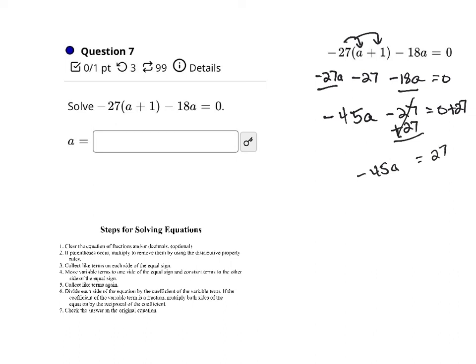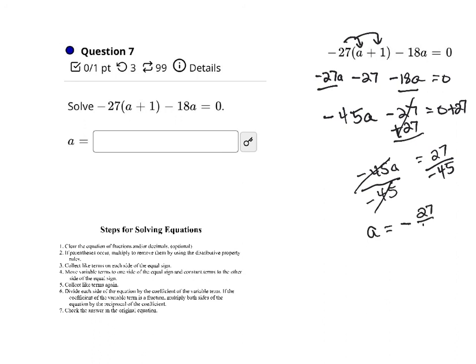Now we've got to solve for a, so we're going to divide by what's attached to the variable, including the sign, negative 45, because that's negative 45 times a. The opposite of multiplying is to divide. So divide by negative 45. So these are going to cancel and give us a positive a. And then we're going to have negative, because positive divided by negative is negative.